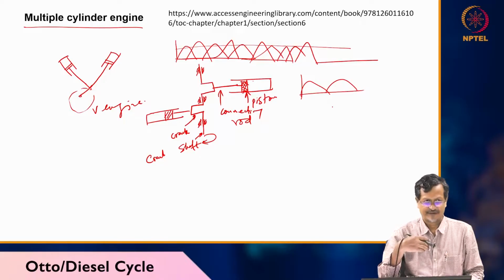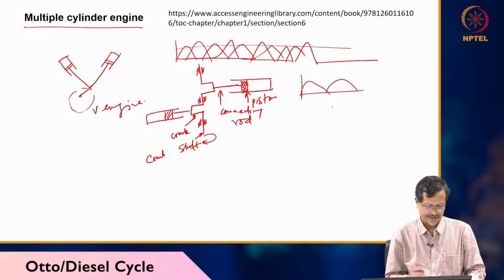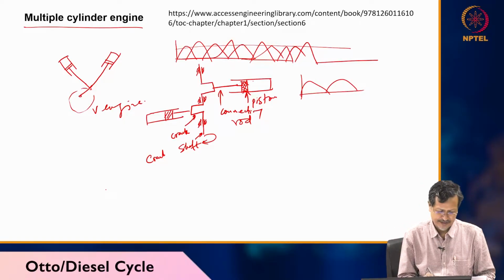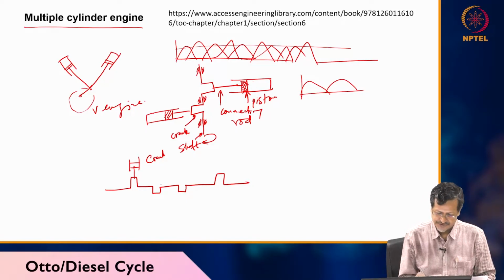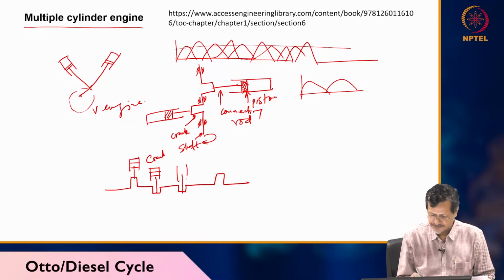Now if I want to smooth further, then I can make the piston arrangement like this. Piston one here, another piston maybe here, another piston maybe here.